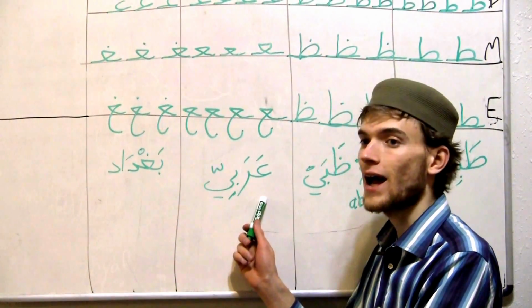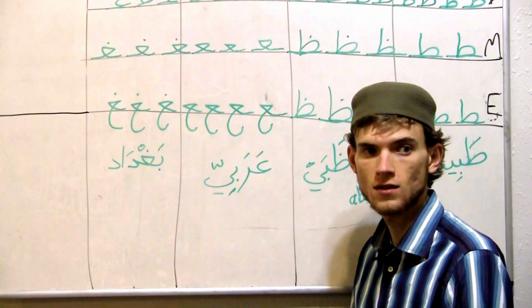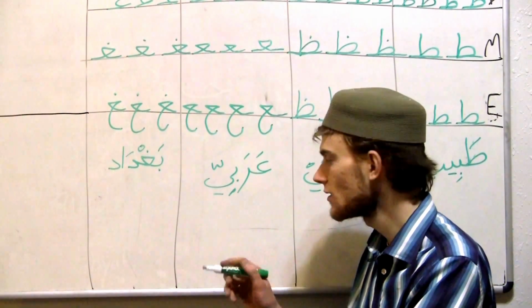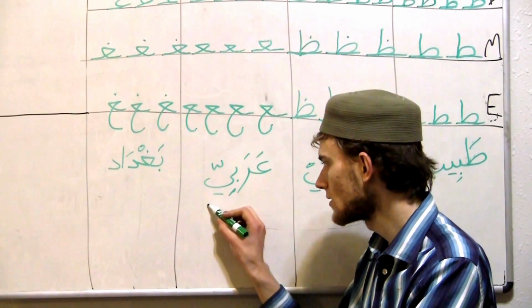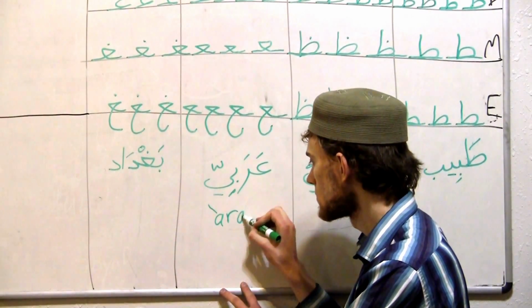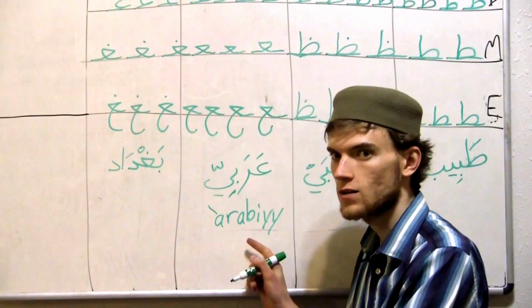Good. Arabi. Notice the ya has a shadda on it. It's a consonant here. Arabi.